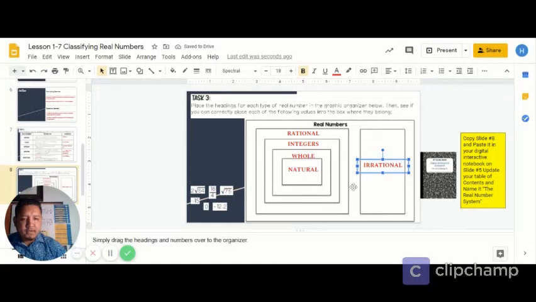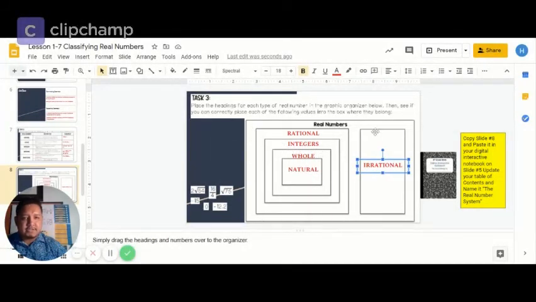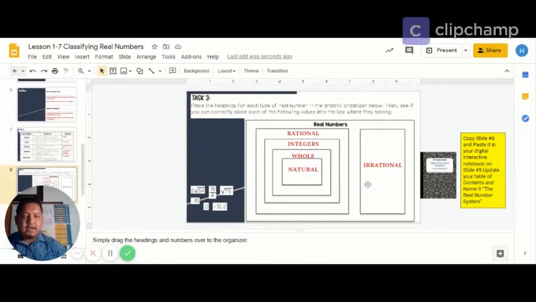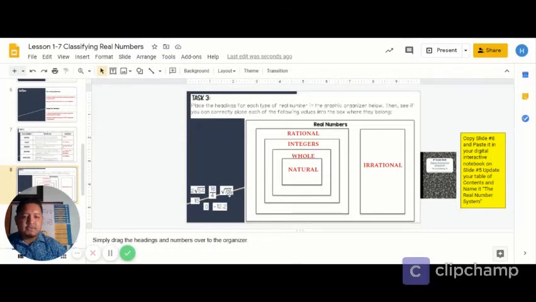And all of these definitions fall under the real number system, which is this entire system here. Now, your task here is to make sure that these numbers make it in the correct section. Go ahead and hit pause right now and take the time to put these numbers where they belong in the graphic organizer.